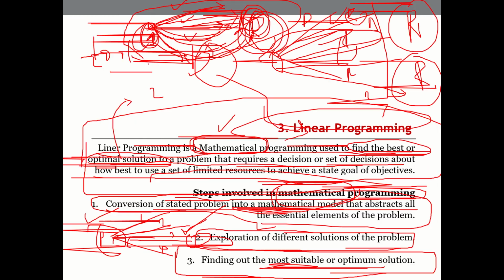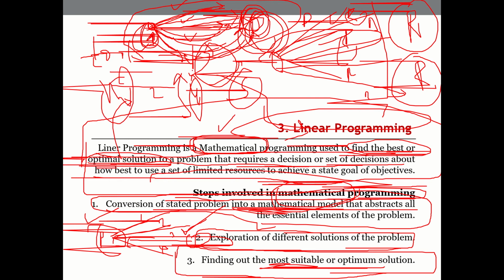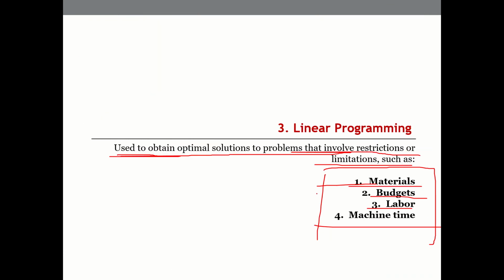Based on the constraints, maybe time is a constraint, safety is a constraint, money is a constraint. For each problem we should know the restrictions and limitations, and those will help in appropriately constructing the linear programming model, and then it will help in decision making.